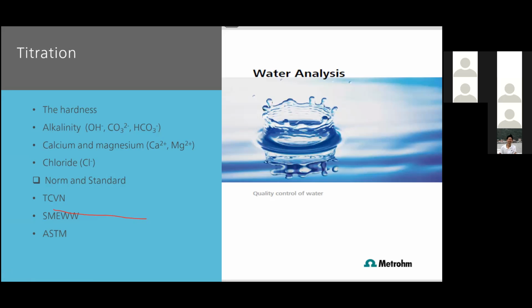All of the parameters in the water follow the norms and standards that are mandated by the government, from Vietnam, from America. This is a normal standard. You can see it somewhere when you look at the water quality from the water supplier company.